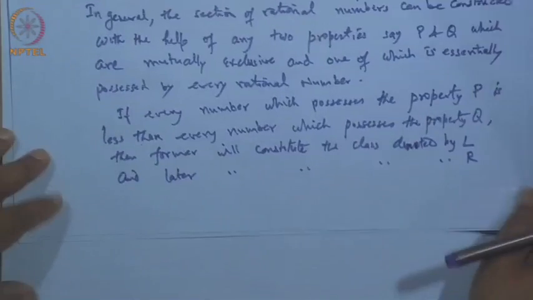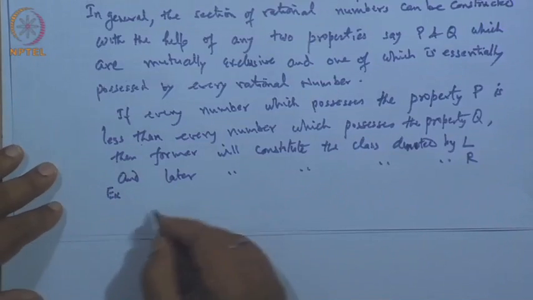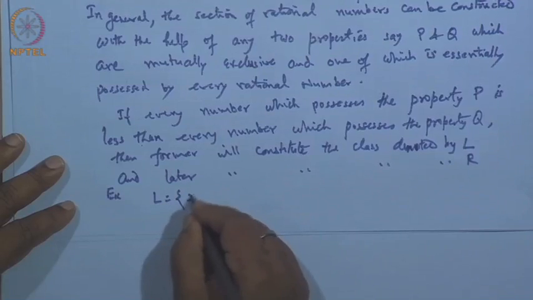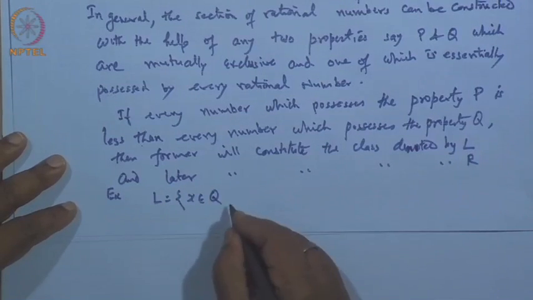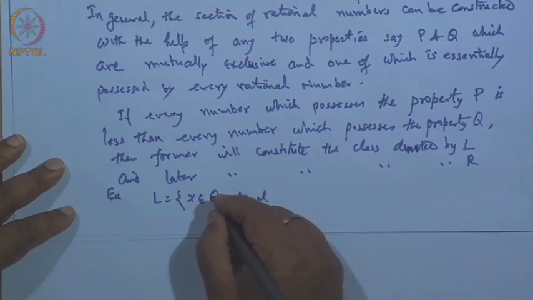And the examples we have seen already, that L is the set of those rational numbers x, where Q is the rational numbers, remember, Q is already there. So, do not write it.